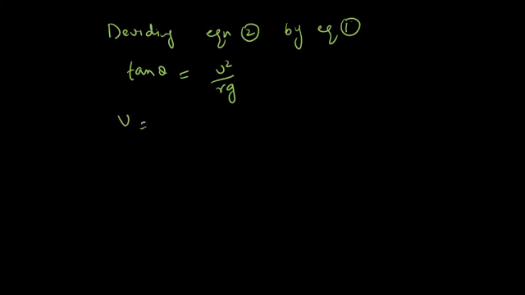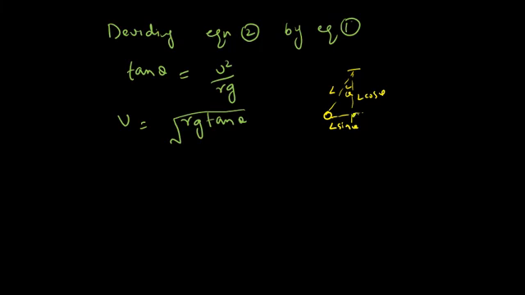or v will be equal to the square root of rg tan theta. But according to the geometry, if this is the length of the string and this one is the angle theta, then this is L sin theta and this one is L cos theta.